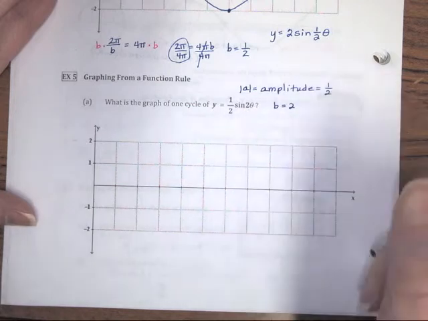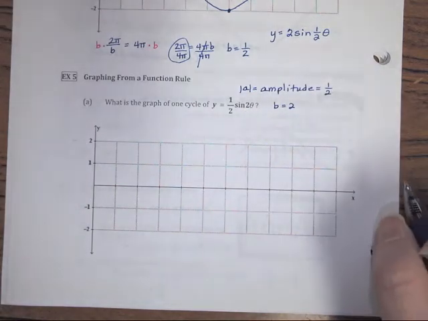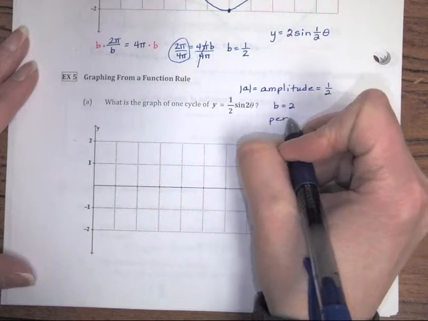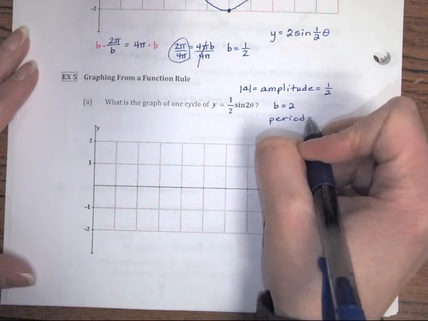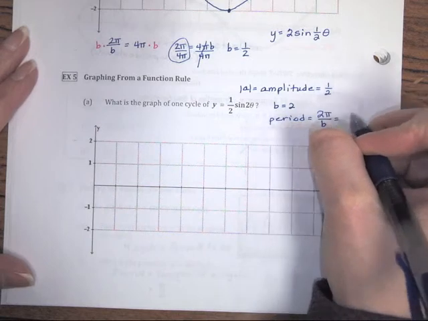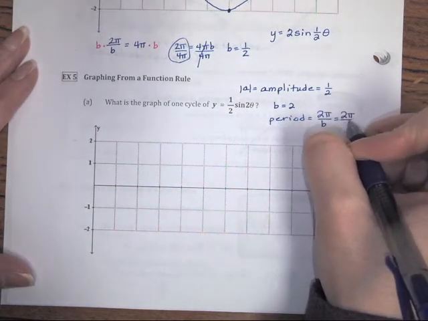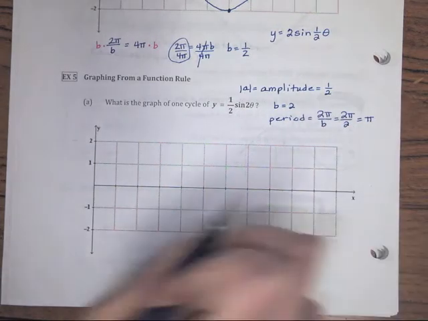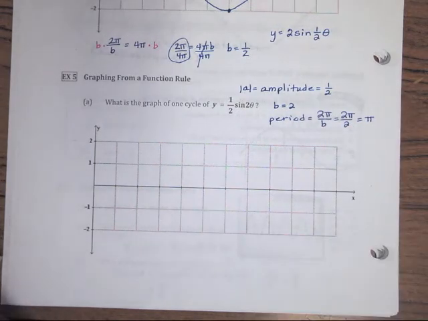Yep. Okay, so we need to know the period, right? So the period equals 2 pi over B, which is 2 pi over 2, which is pi, right? So our period is pi.